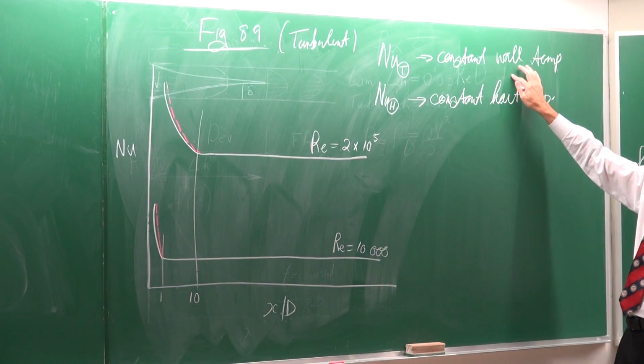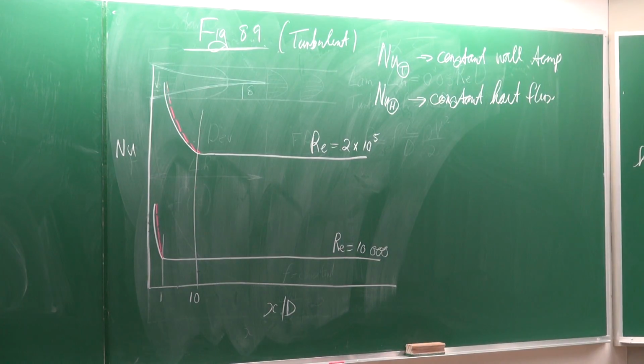The constant wall temperature case would be, if you think of the air conditioning industry, all condensers and evaporators. During the two-phase process, when it condenses or when it boils, the temperatures remain constant. And those are typically the type of problems which we would say is a constant wall temperature case.